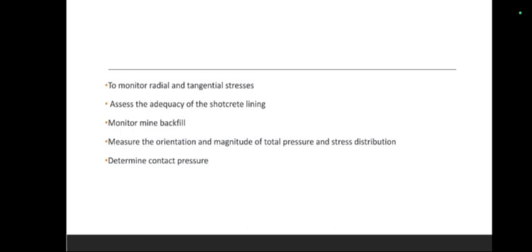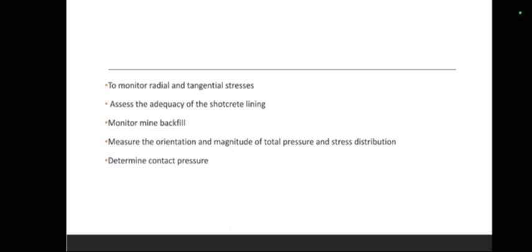The applications of pressure cells are as follows. The pressure cells are designed to monitor radial and tangential stresses in shotcrete tunnel linings, underground excavations, unlined caverns, and foundations. Pressure cells are used to assess the adequacy of the shotcrete lining.